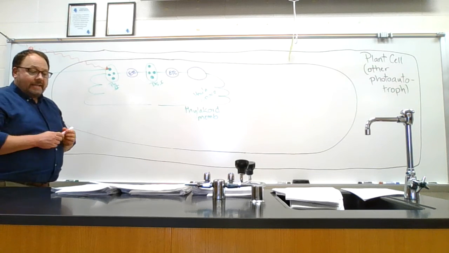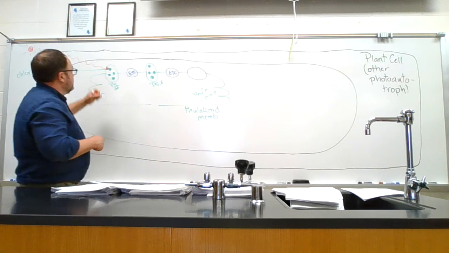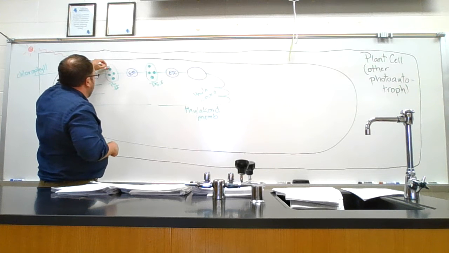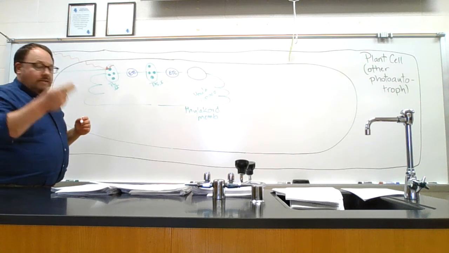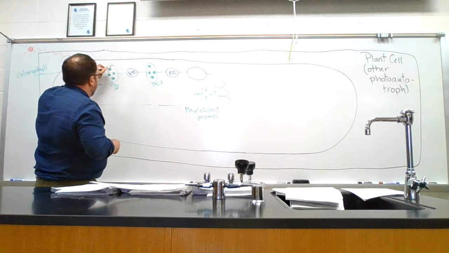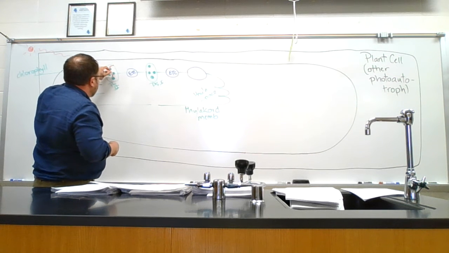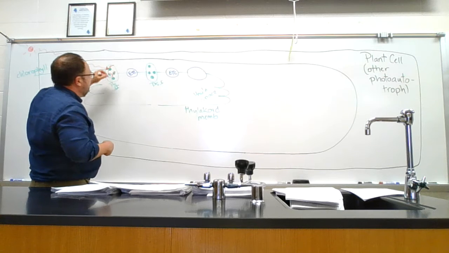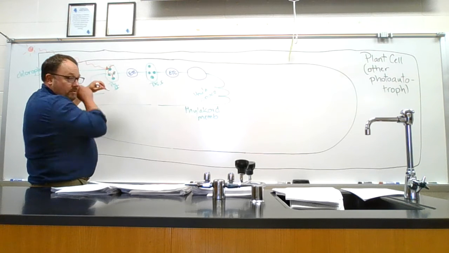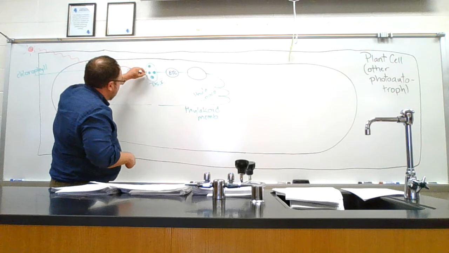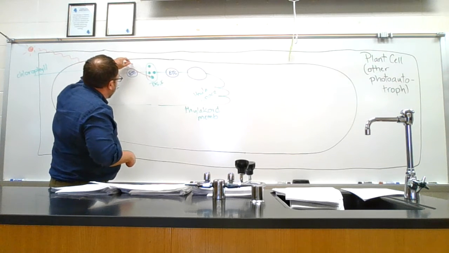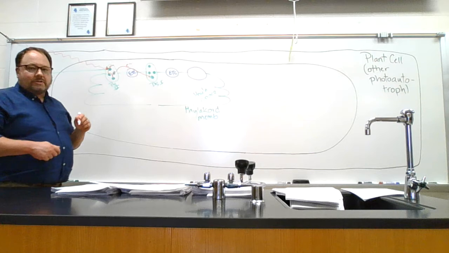When they do that, it excites electrons. So I'm going to draw in some electrons here, and do E- for my electron. And what happens is the electrons get bounced around between the chlorophylls until they reach a special pair of chlorophylls that pass those electrons along to the electron transport chain. So electrons end up getting passed down the electron transport chain.